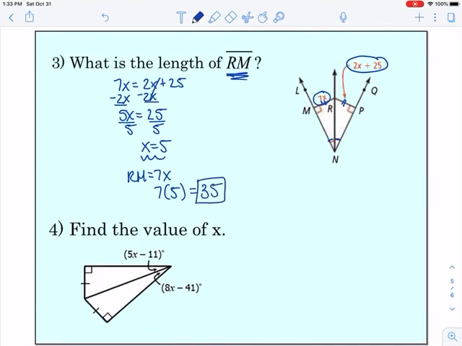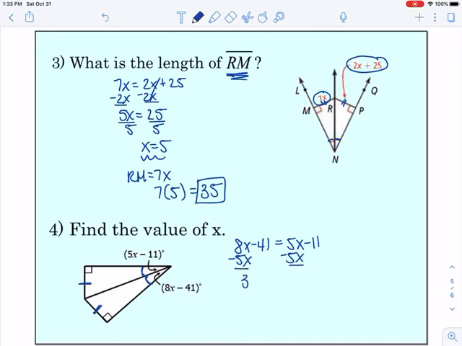Okay, and our last one is the opposite. This time I'm told that these two pieces are equal. If those two pieces are equal, that means that this is an angle bisector and that the two angles that I just put the blue marks through are going to be congruent. So we're going to set 8x minus 41 equal to 5x minus 11.